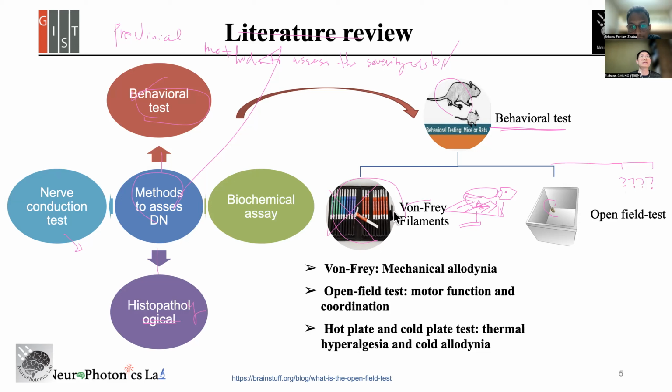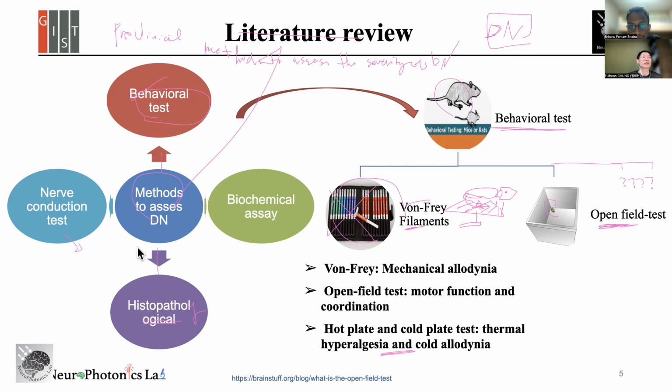This is not necessarily for DN though. This is more like pain behavior tests. These are for pain. And this is not specific for pain, but general locomotion. Locomotion, yeah. So like behavioral test.